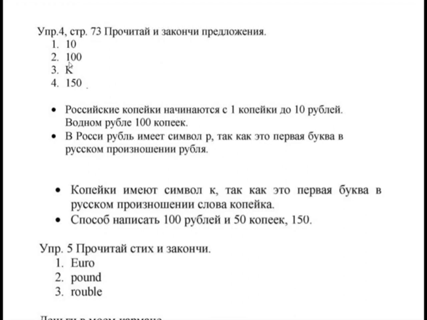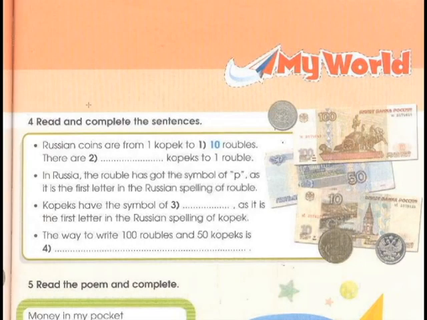The answer: 150. Russian coins are from 1 kopek to 10 rubles. There are 100 kopeks to 1 ruble.